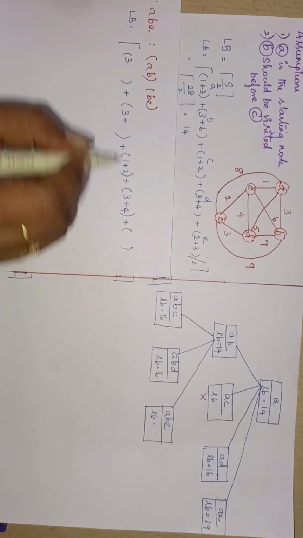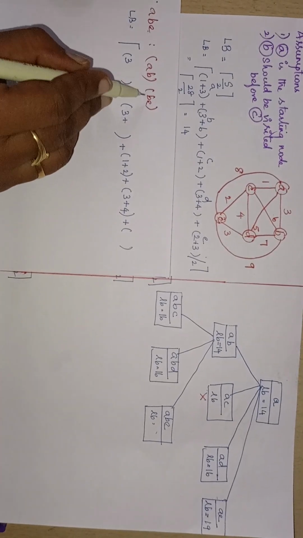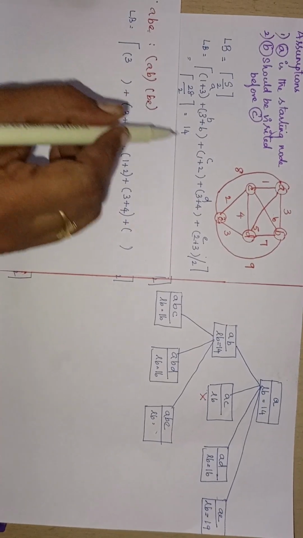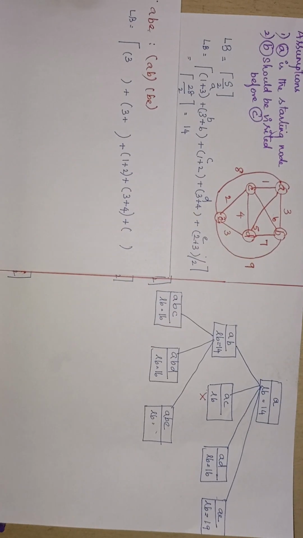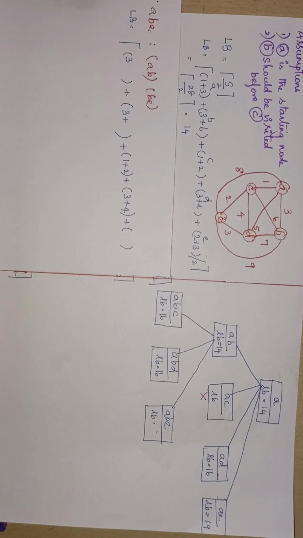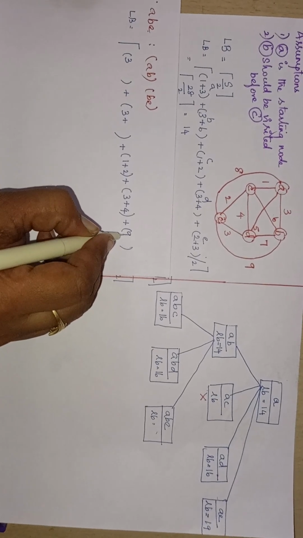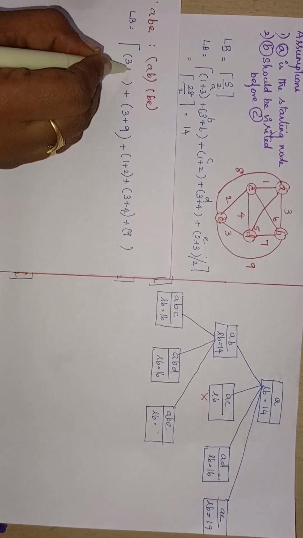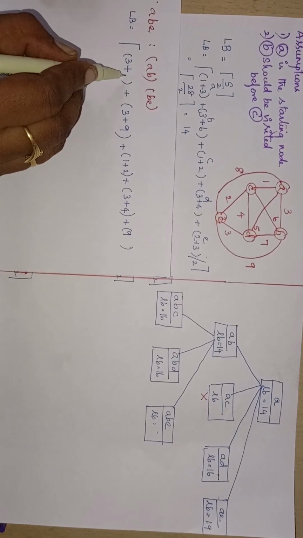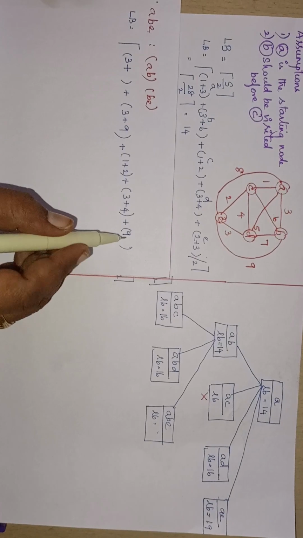Whereas E is there. So the edge BE should be definitely considered. What is edge BE? It is 9. So 9 should be considered for E as well as for B. So what is the remaining? A should have one more thing and E should have one more thing.